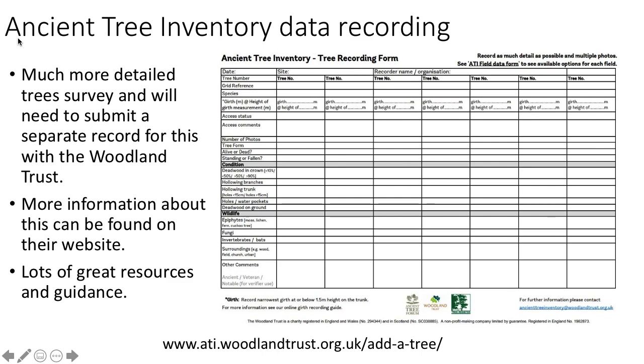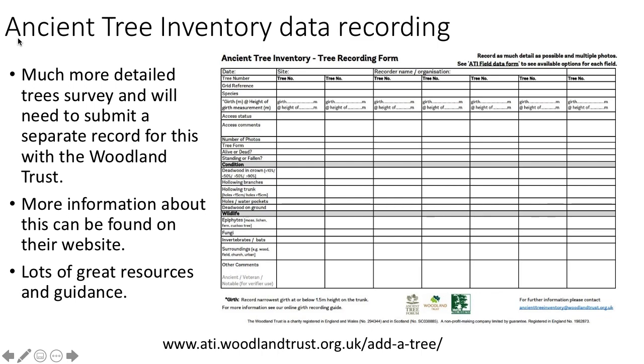And you can see here on their tree recording form, you're actually giving a very detailed picture of what is going on with the tree, more than girth and species, but also how much of the crown is deadwood, what hollowing branches there are, the indications of hollowing trunk, deadwood on the ground, and then also wildlife.